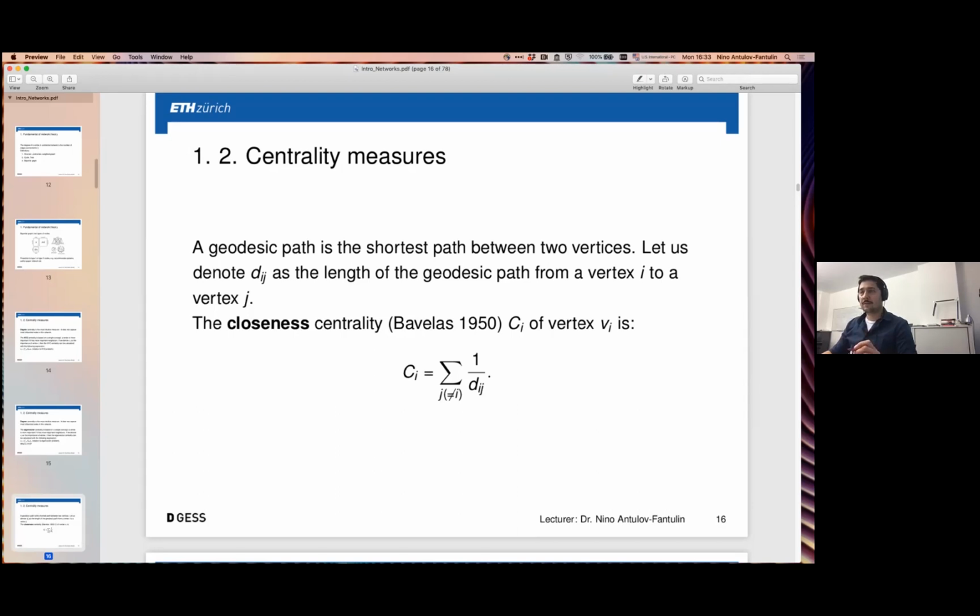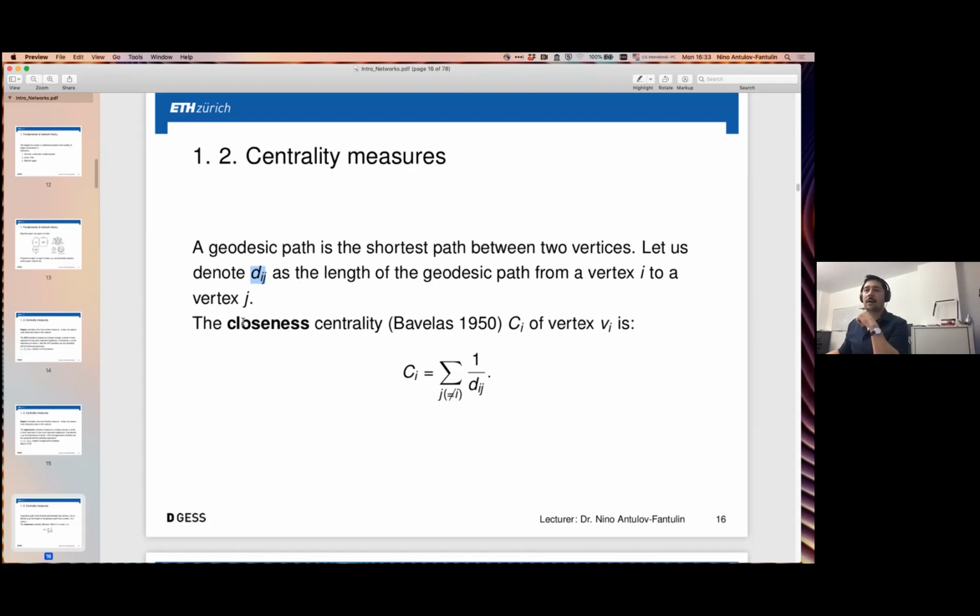Let us then define a few more measures. Another centrality measure is called the closeness centrality. For this, we have to define the notions of shortest paths, the geodesic paths. Let us briefly say that the geodesic path is the shortest path between two vertices, and let us denote with d_ij the length of this geodesic path from node i to vertex j.